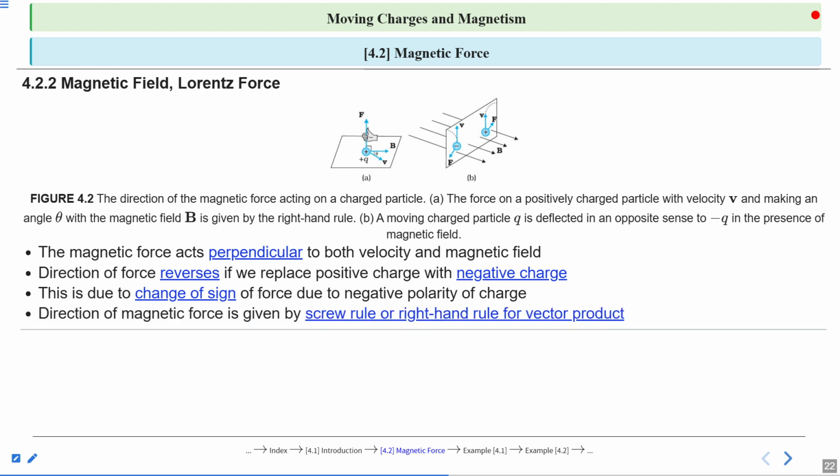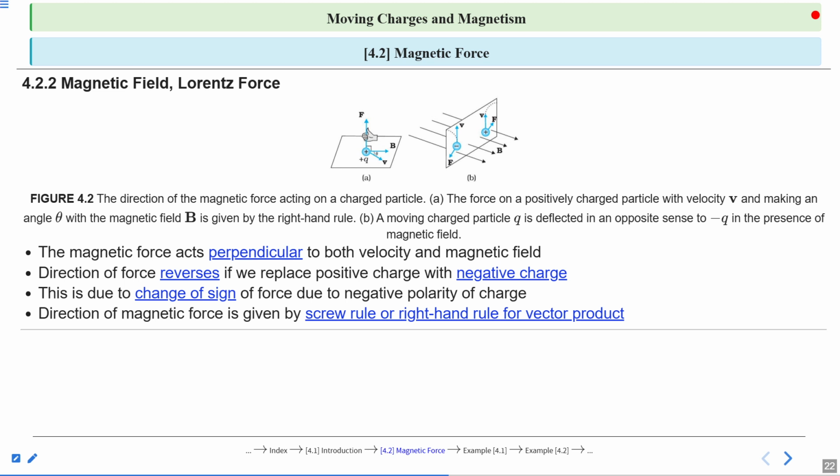So the direction of magnetic force is given by the screw rule or right hand rule for vector product. What is the direction of force? This magnetic force will always be perpendicular to both velocity and magnetic field, because it is the result of the vector product of velocity and magnetic field.